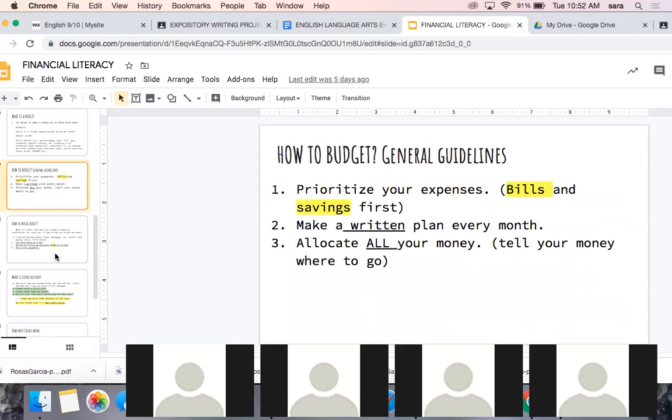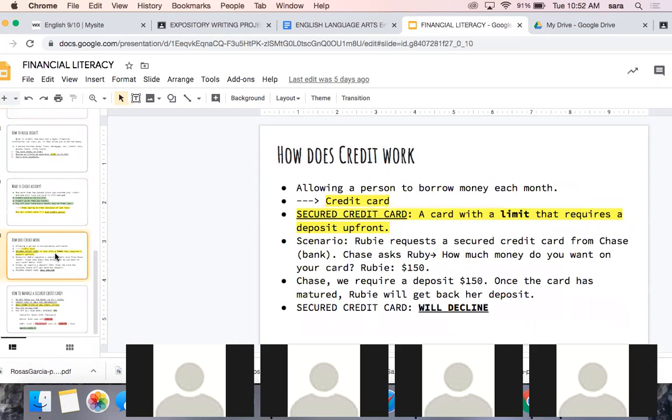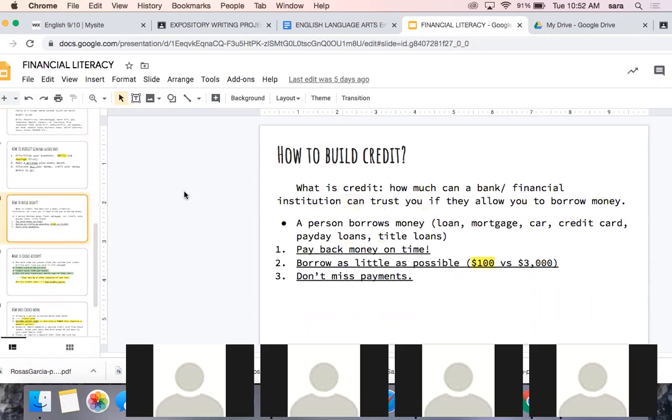All right, we ended last class when we were talking about credit. Super quick, credit is how much a bank or a financial institution can trust you if they allow you to borrow money. We said there are different ways to borrow money.